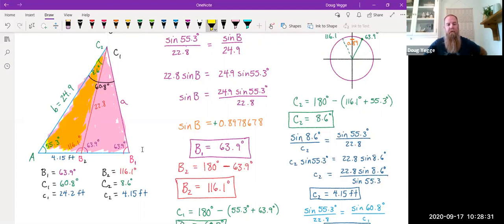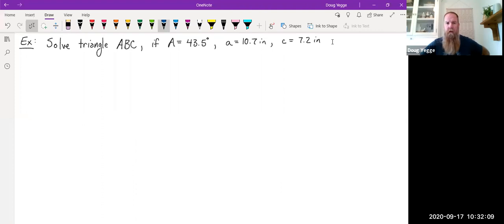So let's look at one more situation, just so we could see one last scenario. I'd like to do this example without drawing a triangle. Just by using the law of sines, how can we determine how many triangles we actually have? So let's keep in mind the given information here.